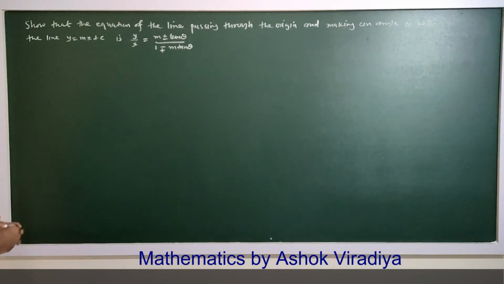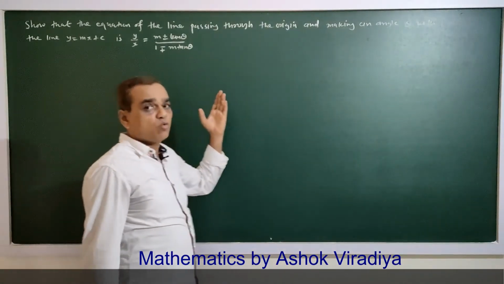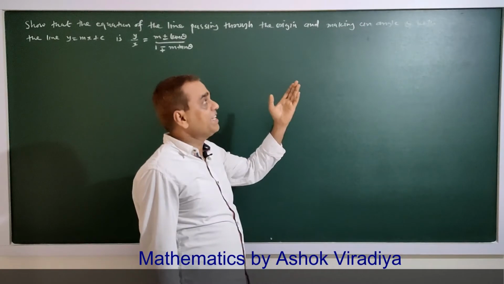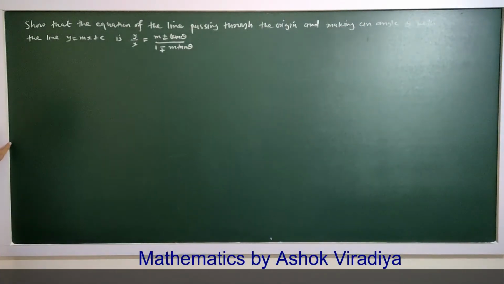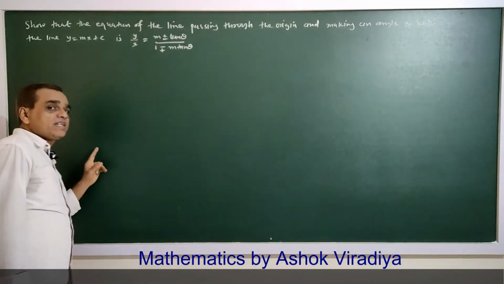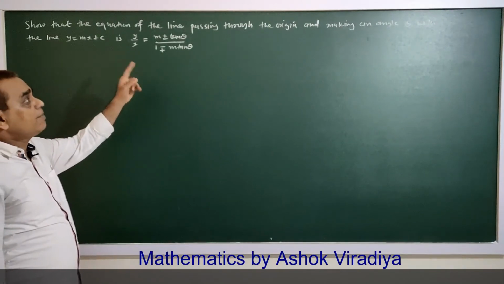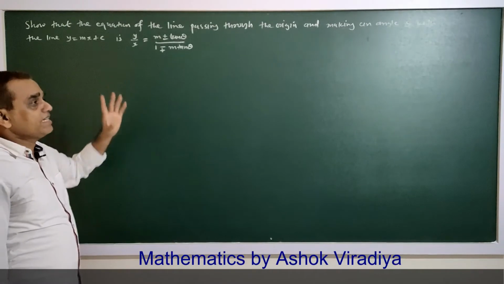Now the question is, show that the equation of the line passing through the origin and making an angle theta with the line y equal to mx plus c is y by x equal to m plus minus tan theta upon 1 minus plus m times tan theta.